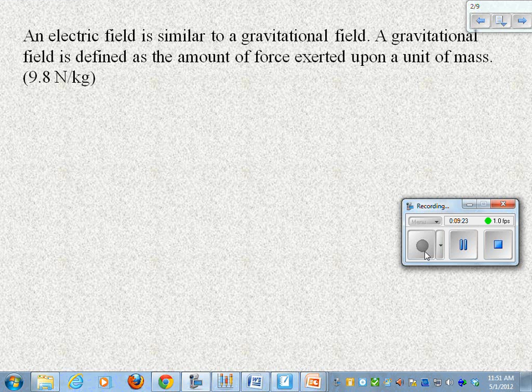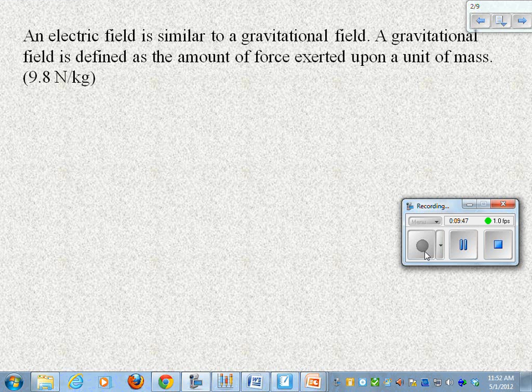Now, there's one major difference between gravitational fields and electric fields. Electric fields push out. And? Pull. Gravitational fields pull. So gravity only pulls, and electric fields do push and pull.